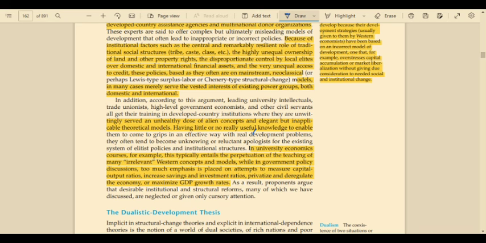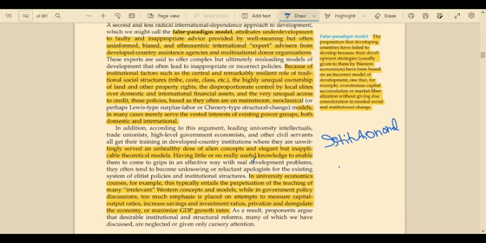But until and unless institutional factors and attitudinal changes occur in the economy along with social structures, these models would not contribute much to a developing economy. Okay, so this was all about the false paradigm model.